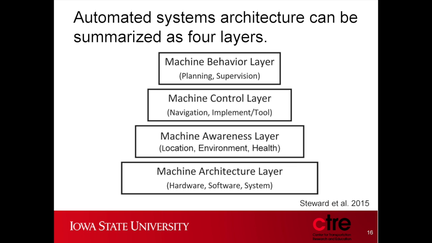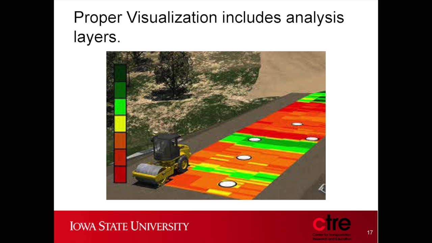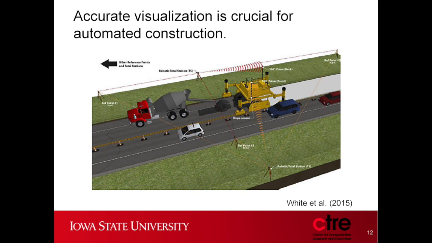If you can visualize it properly and you know how to split these numbers in the right way, then you can feed it to an automated algorithm. Eventually, that would help in construction automation. This is an example for intelligent compaction. So if you can, again, visualize it, you can identify the locations of problems. You can set boundaries where you have to fix things for pavement surfaces, and eventually that can lead to a fully automated system, which is, I'd say, the target for automation in construction for pavements.